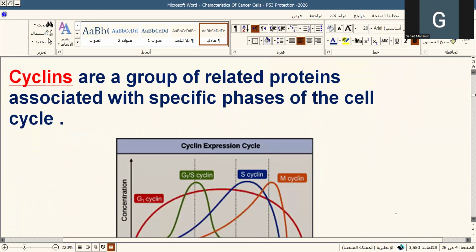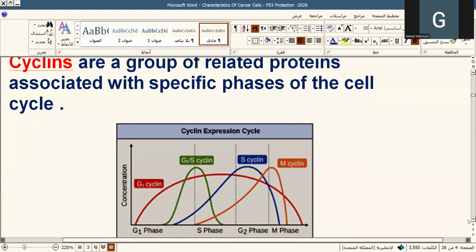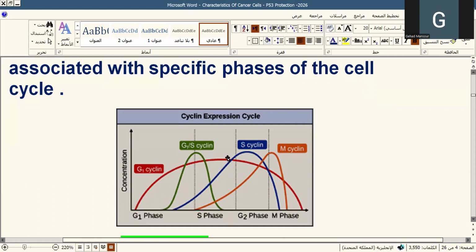As we said before, the cyclins are a group of related proteins that are concerned with stimulating the cell cycle, triggering the continuity of the cell cycle, the progression of the cell cycle. And as you can see in this diagram, we have several types of cyclin.